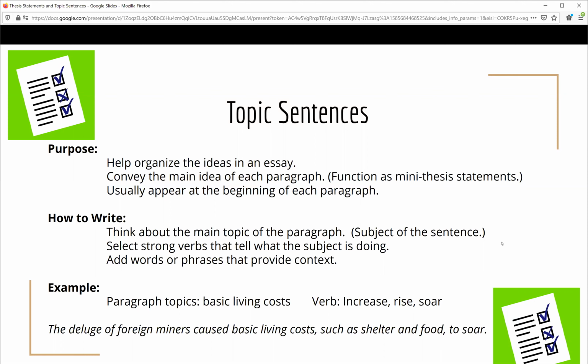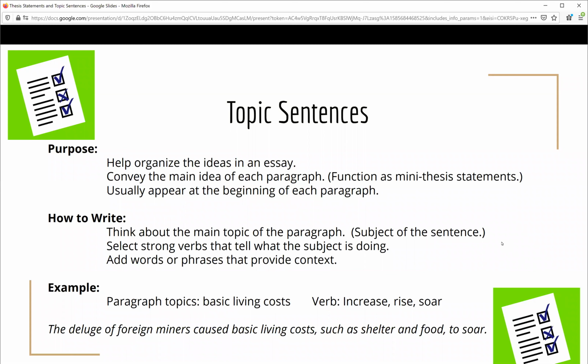First, think about the main topic or subject of the paragraph. Then, select a strong action verb that tells what the subject is doing. Finally, add words or phrases that provide context. Remember, you must tell your reader what to expect next. So, let's go back to our example of the gold rush.